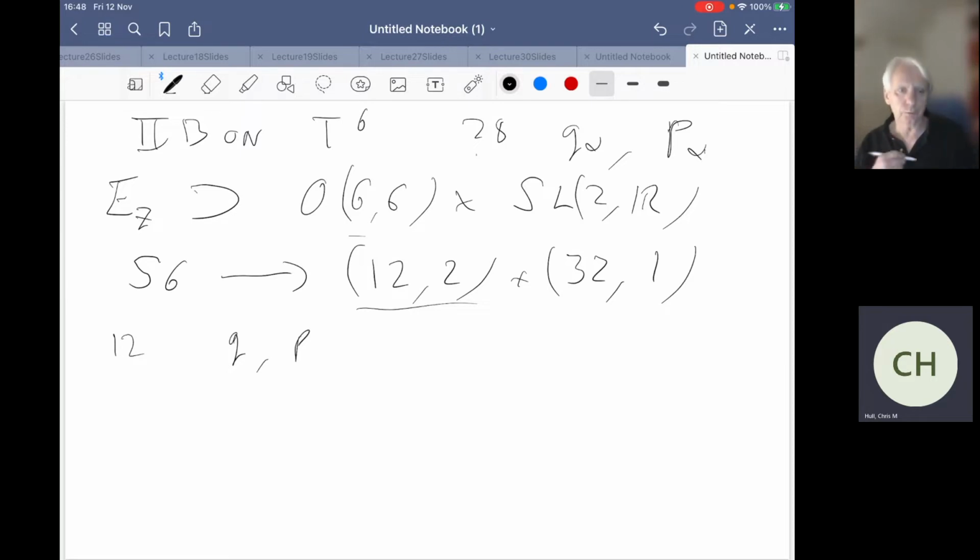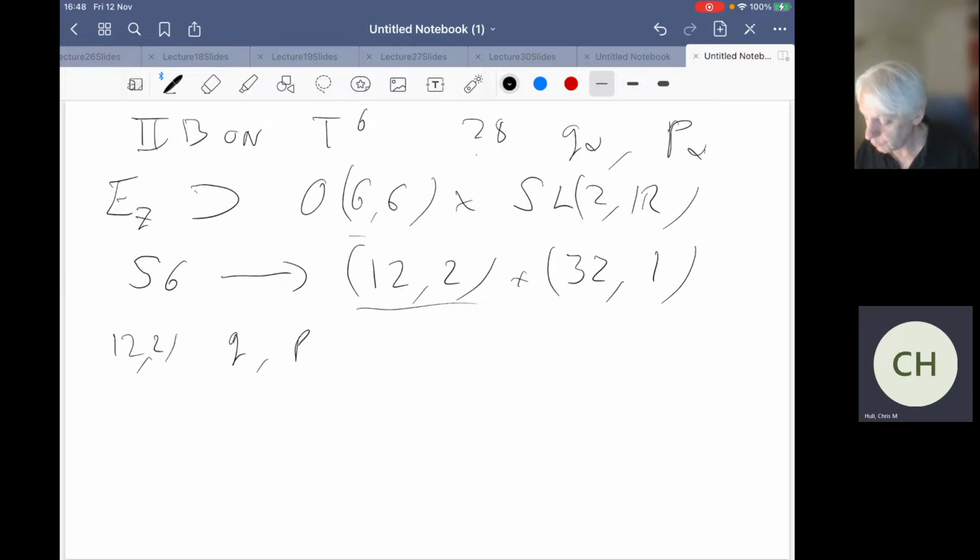The periodic ones are called Ramond boundary conditions. The antiperiodic ones are called Neveu-Schwarz boundary conditions, and the different boundary conditions give rise to two different origins for the vector fields.